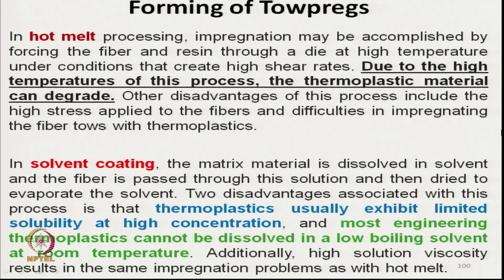That is the problem of hot melt process. In solvent coating, the matrix material is dissolved in a solvent, and then the tow is passed through that, and the tow preg is formed.